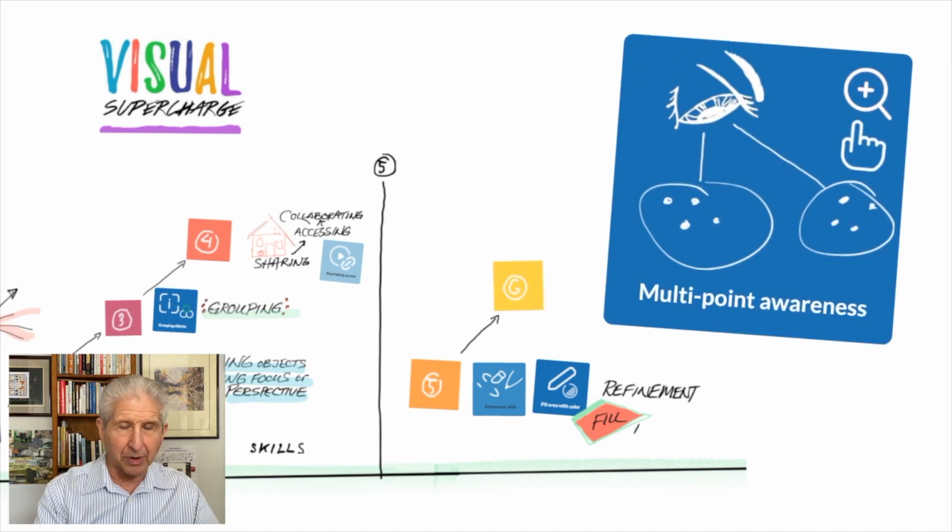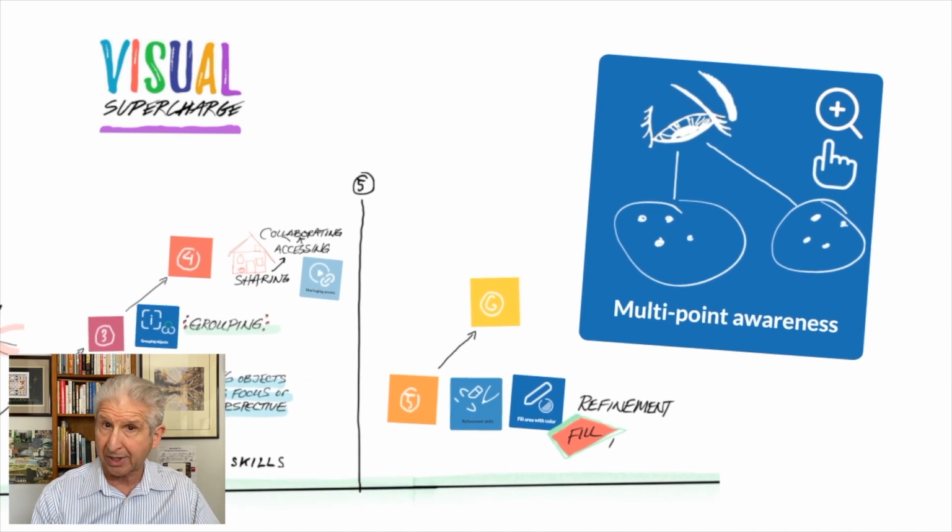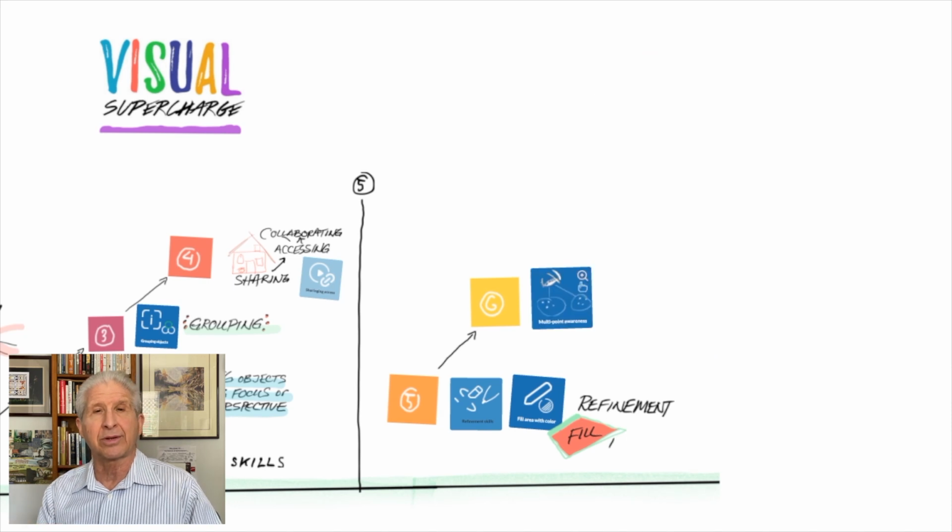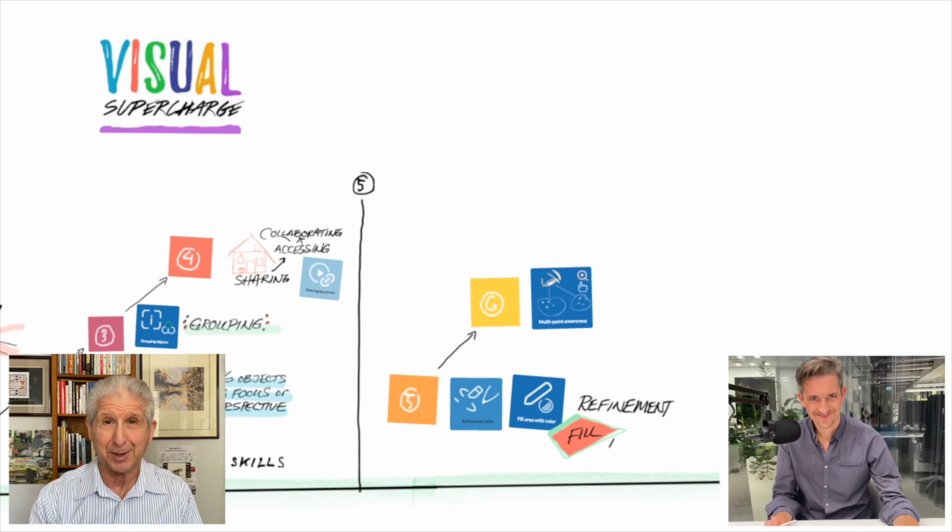So this multi-point awareness isn't a tool per se, but it is a skill that starts to emerge. And you need to think in terms of moving your eye around and recognizing patterns and developing almost a reflex. But it never gets completely automatic because there's just too much that you have to pay attention to.